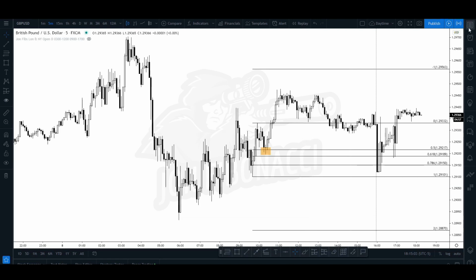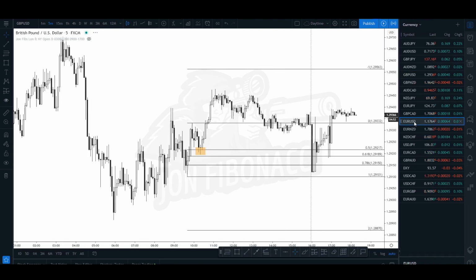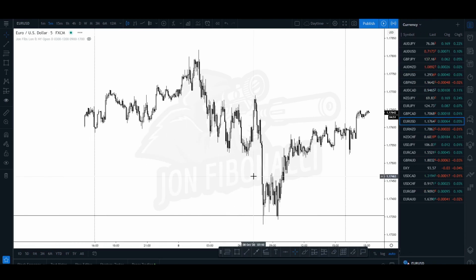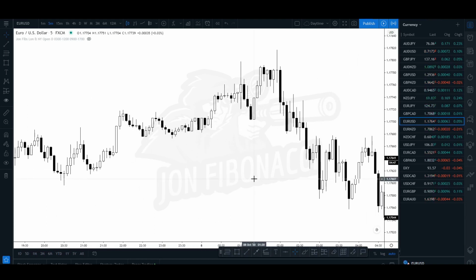So I'll go ahead and pull up the EURUSD. Okay, so this is that same scenario that I was looking for. You had London open here. The market broke this structure, right? You had these lows, and then the bodies are closing lower.